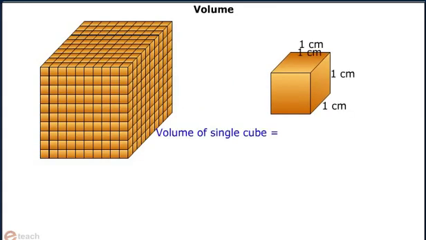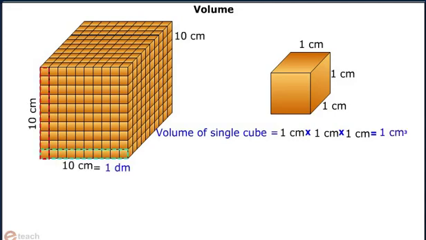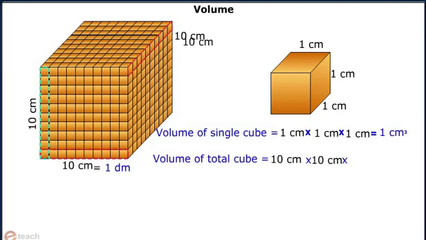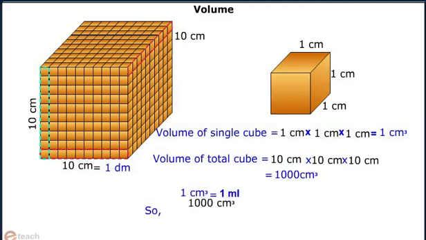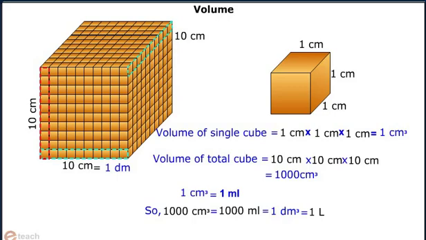Volume of a single cube equals 1 centimeter into 1 centimeter into 1 centimeter equals 1 centimeter cube. Since 10 cubes are in length, breadth and height, the volume of the total cube equals 1000 centimeter cube. Note that 1 centimeter cube equals 1 milliliter.